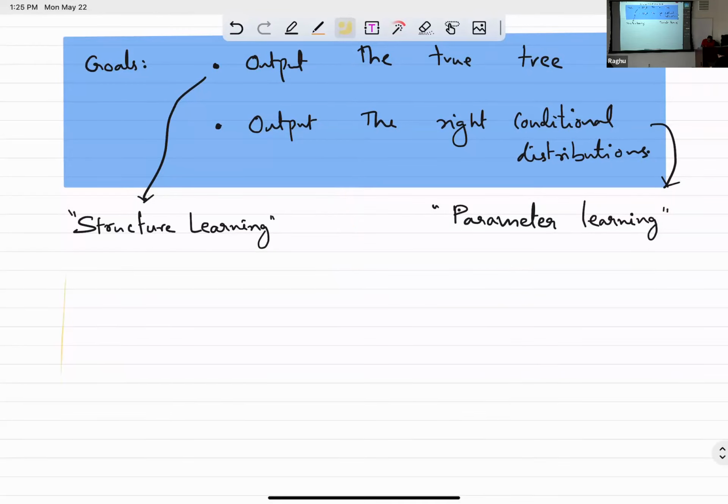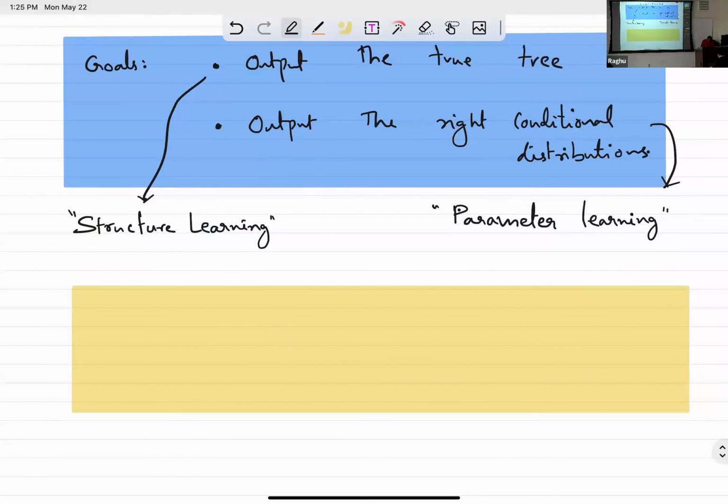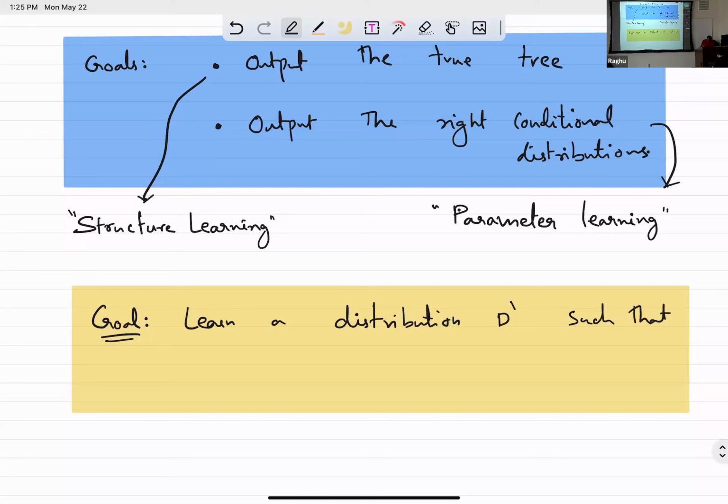So we need to define a notion of goal: learn a distribution D prime such that the distance or the error between the true distribution D star and D prime is small.